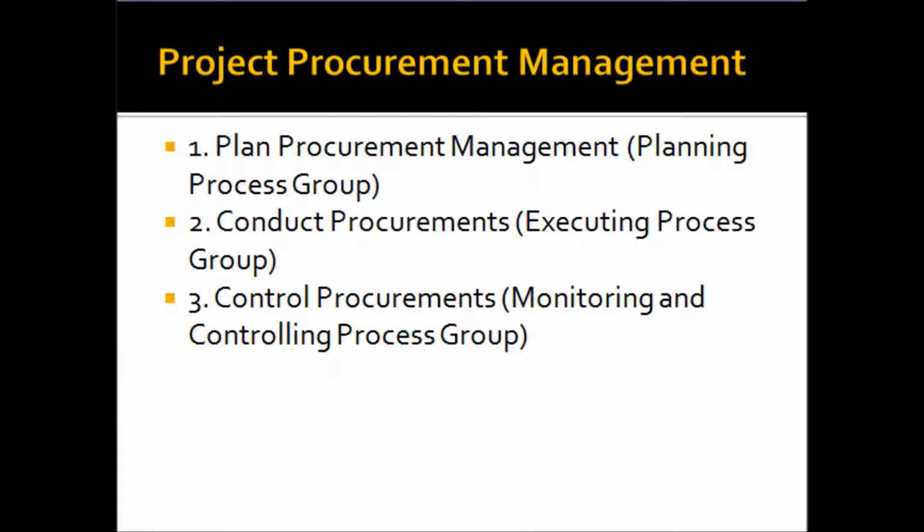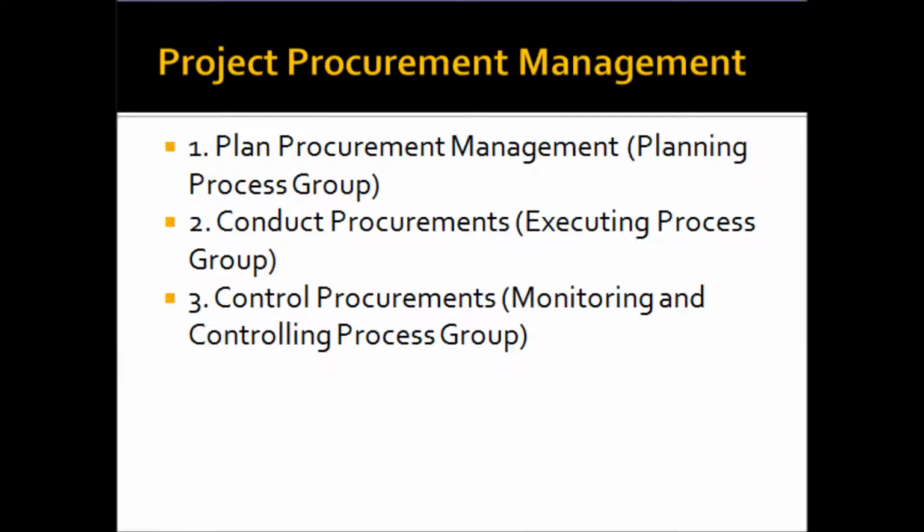Project procurement management has these processes. Plan procurement management, we come up with a procurement management plan, and making reference to the plan, we can conduct procurement, where we send out various proposals, obtain seller proposals, and select sellers.